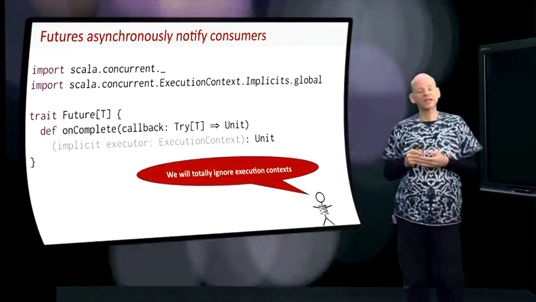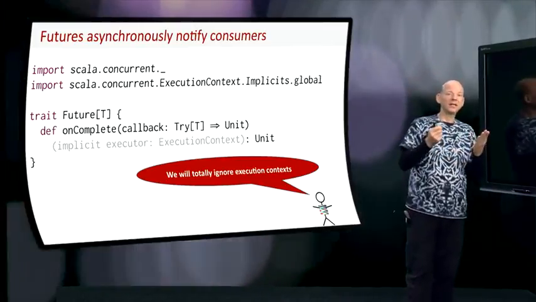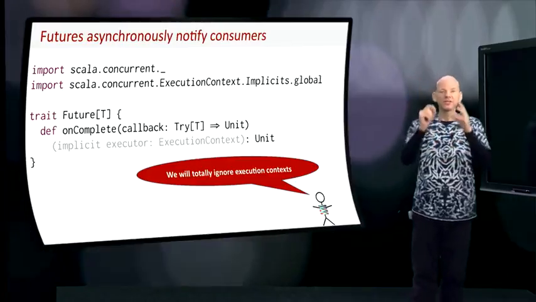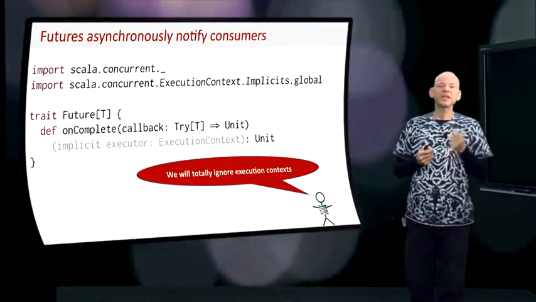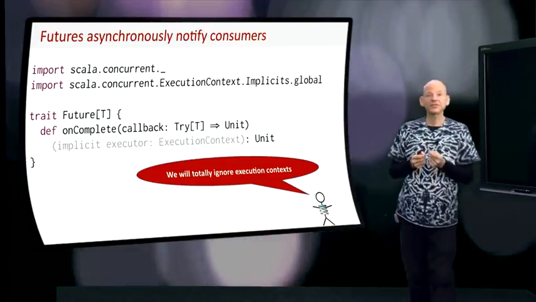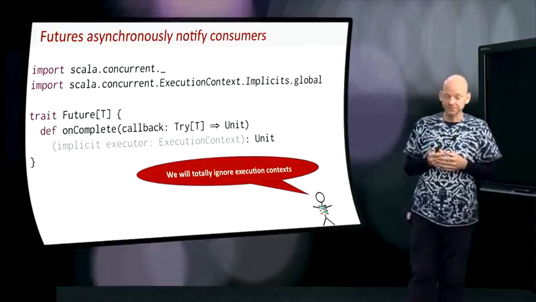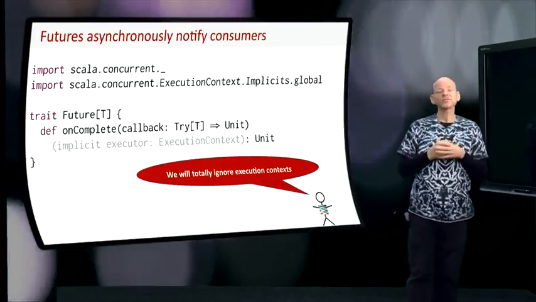Here's the declaration of the trait Future. There are a lot of helper methods there, but the most important method is onComplete, which takes a callback that is a function of Try of T to Unit. What that means is this is the self-addressed envelope that I talked about.